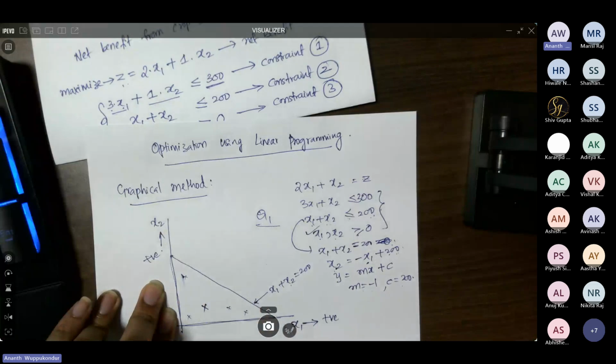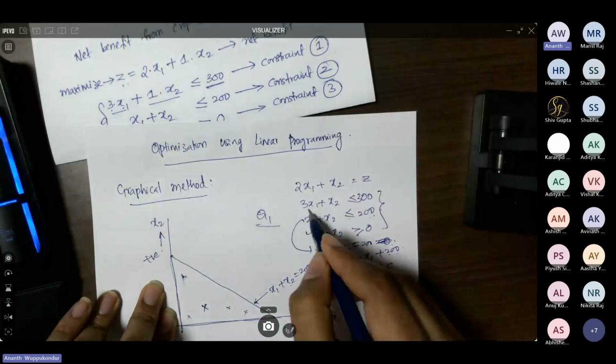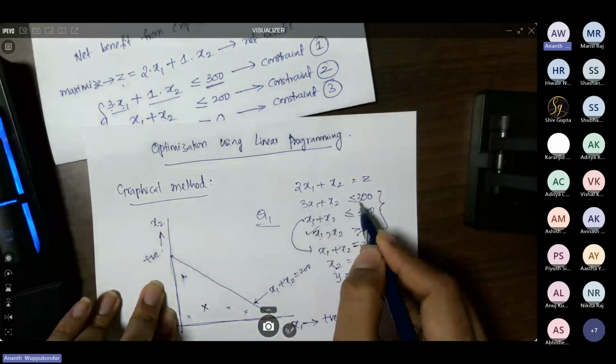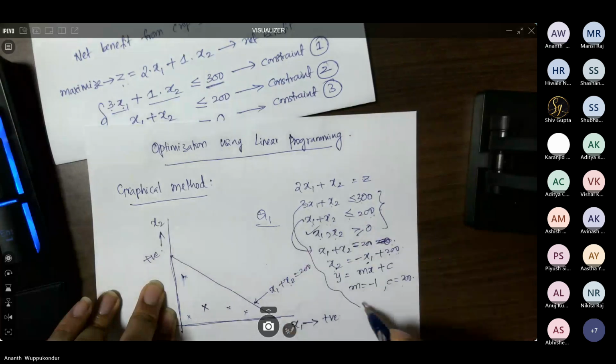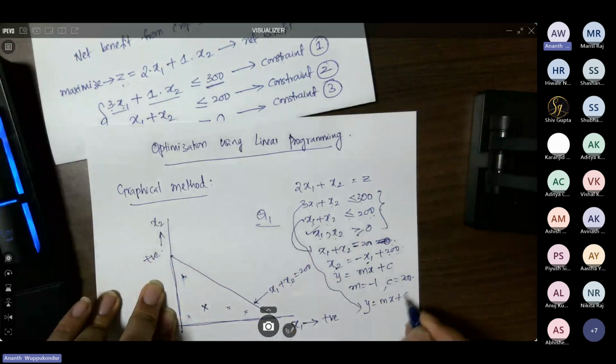Now let us go to the next constraint, which is 3x1 plus x2 less than or equal to 300. If I rewrite this in the form y equals mx plus c, what I get is x2 equals minus 3x1 plus 300. So my slope here is minus 3 and the intercept is 300.